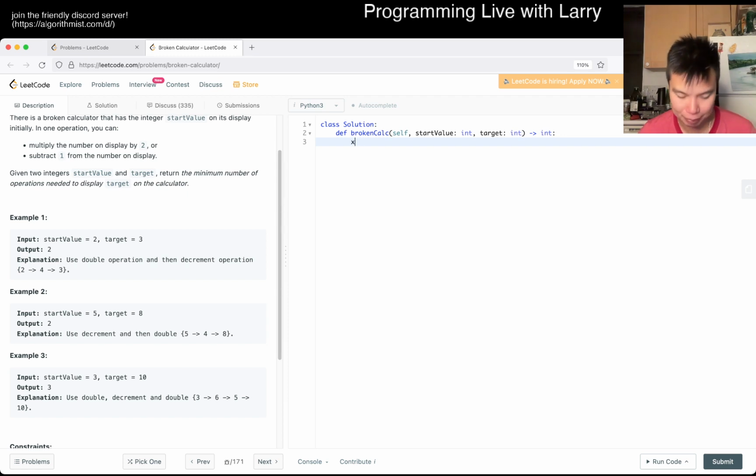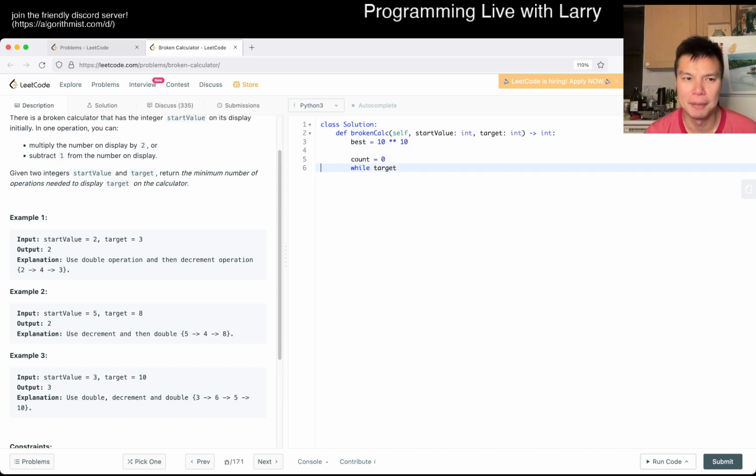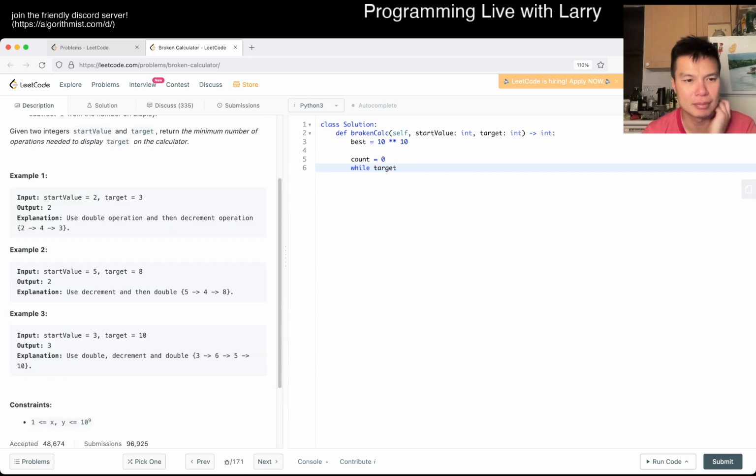So operation, whoops. So let's just say count is equal to 0, and then while target... Oh, also if your current target, meaning you're going backwards, is odd, then you have to add 1 because, well, you have to add 1 because... let me think about this for a second.